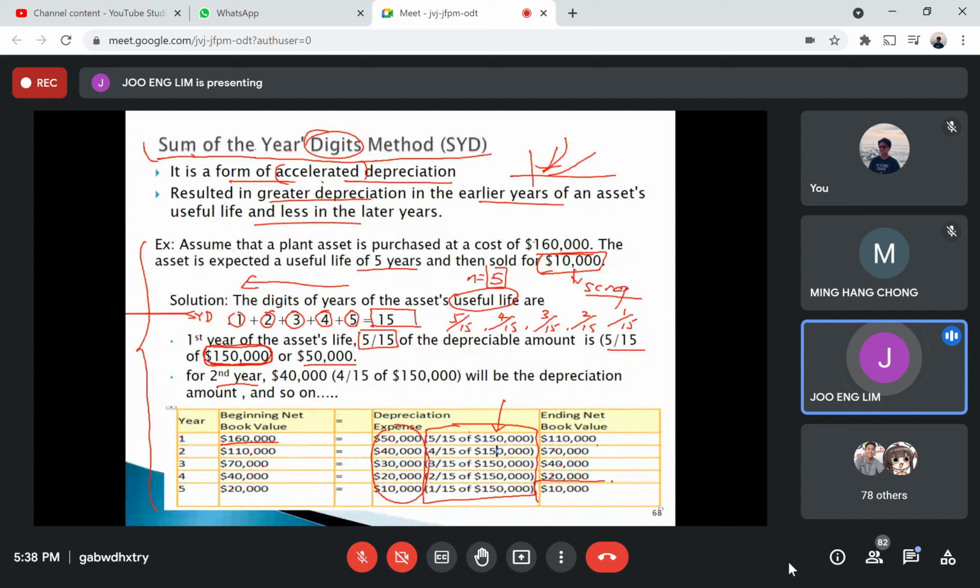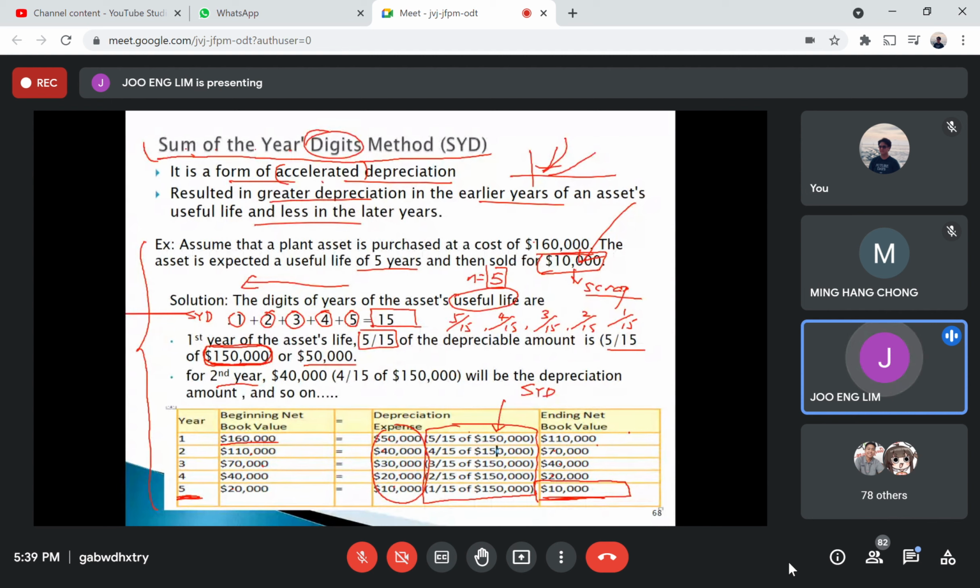Okay, for sum of the year digits, it will end with the salvage value when you are looking at full life. Full life means that you don't adjust it to a partial life. Let's say this is full life 1, 2, 3, 4, 5. When you finish at the 5th year, you will surely end with your scrap value.